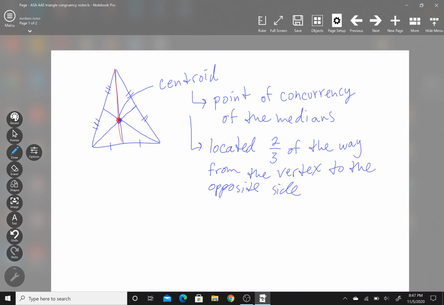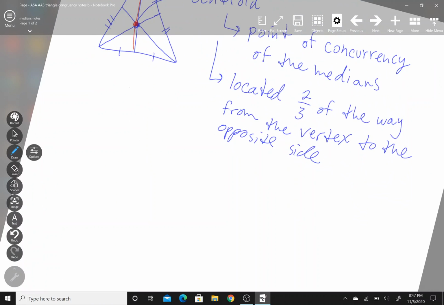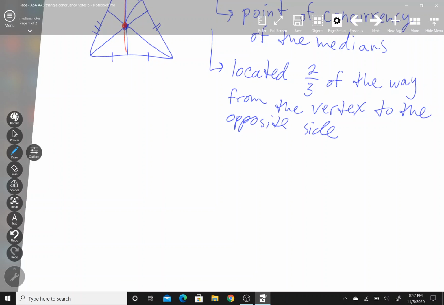All right, so I'm going to draw us a little bit bigger picture here. And I'm only going to draw one median in the triangle. And I'll put like, here's where our centroid would be. So we have our median, starts from the vertex and it goes down here to this midpoint.